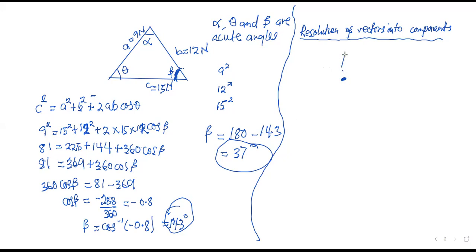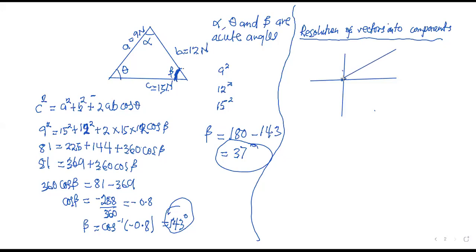So if you are given three forces that act at various angles on a body or at a point, you cannot use the cosine rule. The cosine rule and the sine rule apply to two concurrent vectors that act at a point or on a body.